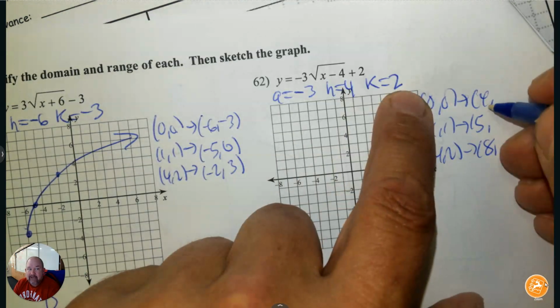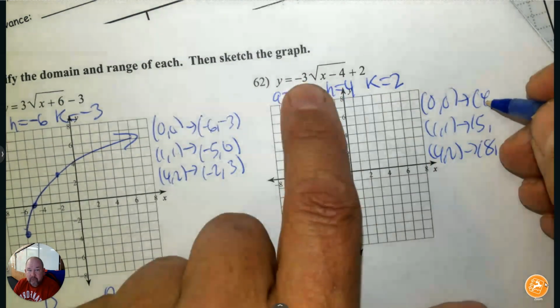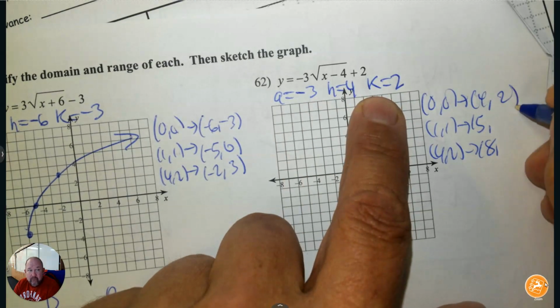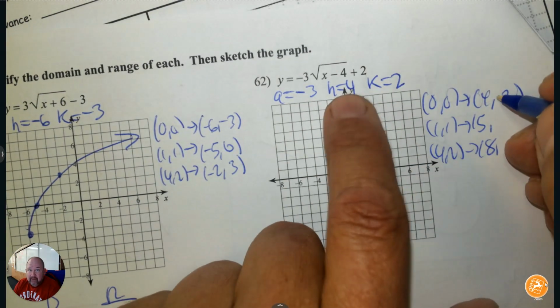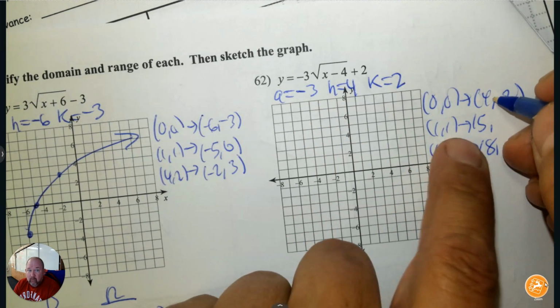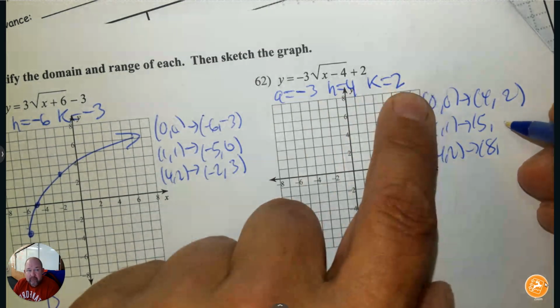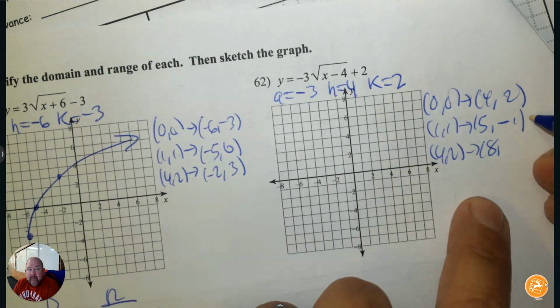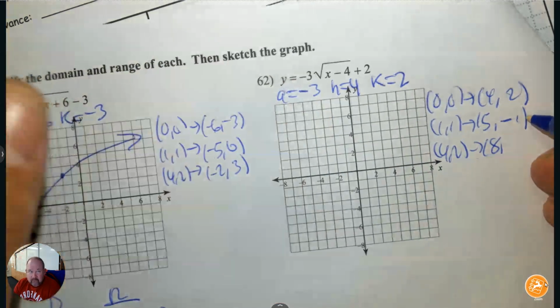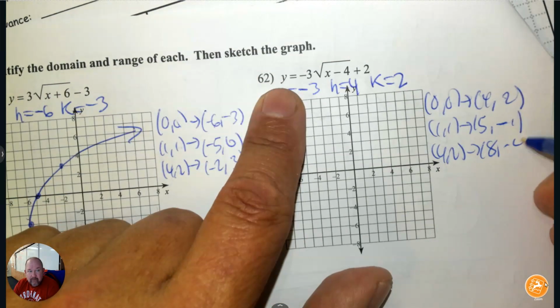We're going to multiply and add 2. So 0 times -3 is 0, and add 2. The first point will always be h, k for a square root. All right, 1 times -3 plus 2. And then 2 times -3 is -6 plus 2. And you have your points.